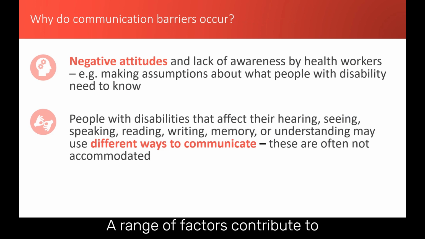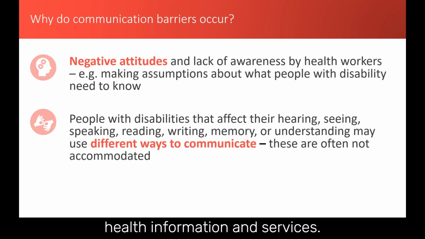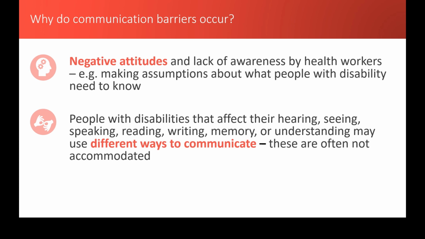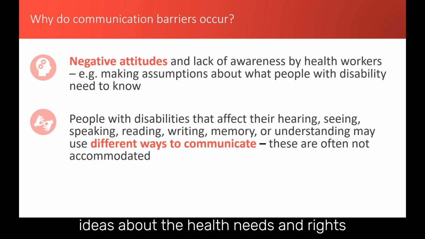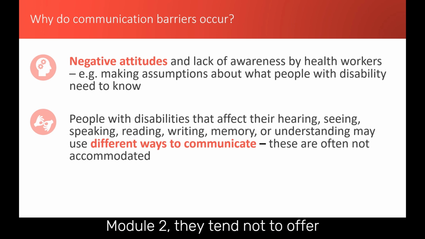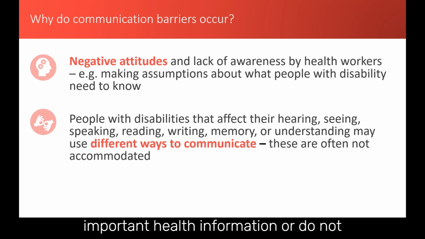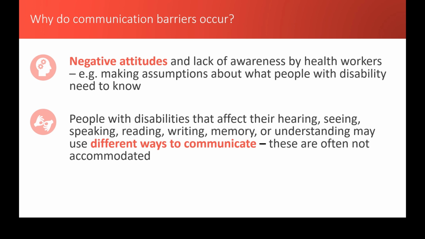A range of factors contribute to communication barriers experienced by people with disability when accessing health information and services. When health workers have inaccurate ideas about the health needs and rights of people with disability, such as some of the negative attitudes discussed in Module 2, they tend not to offer important health information or do not offer it to the same extent that they would to a person without disability.